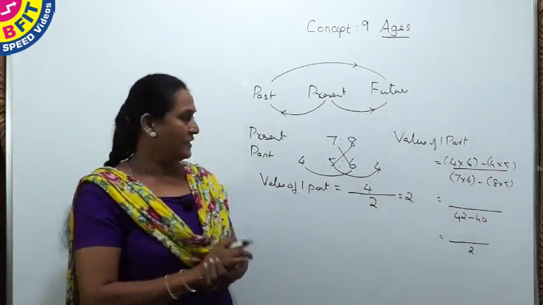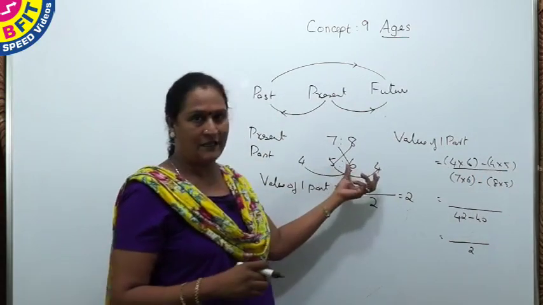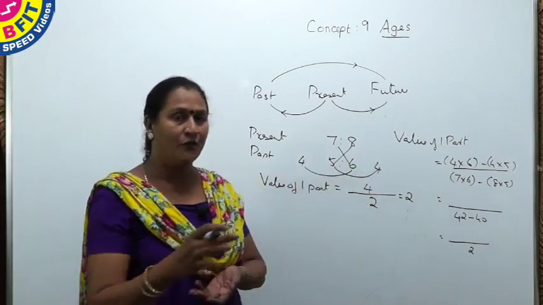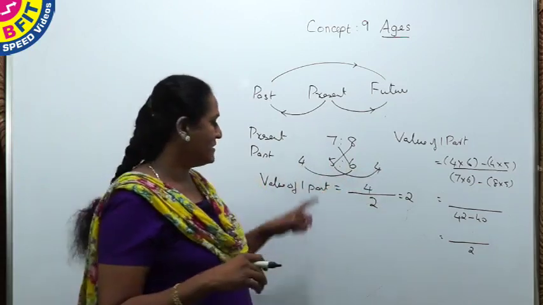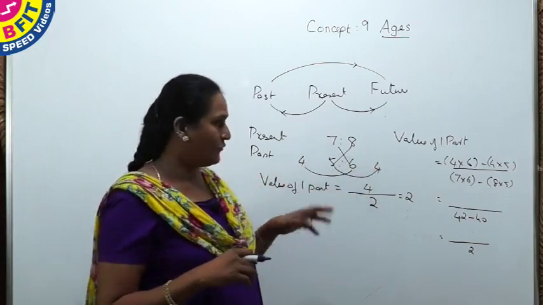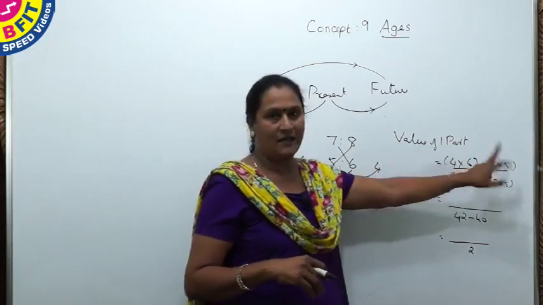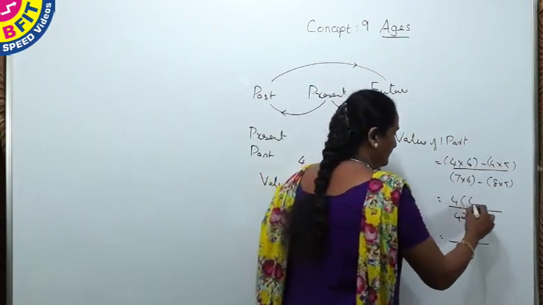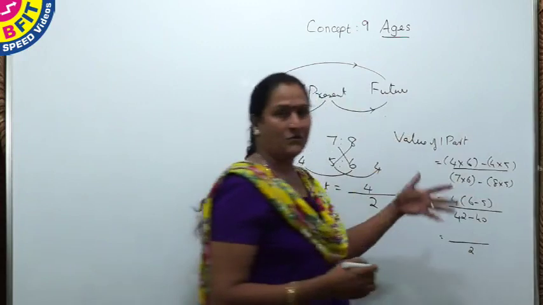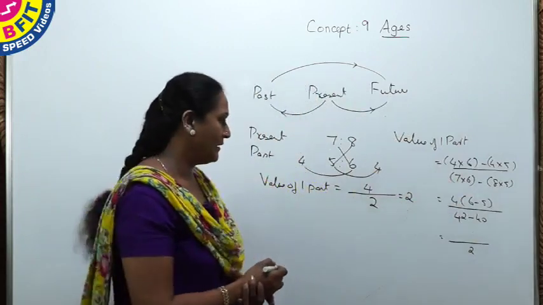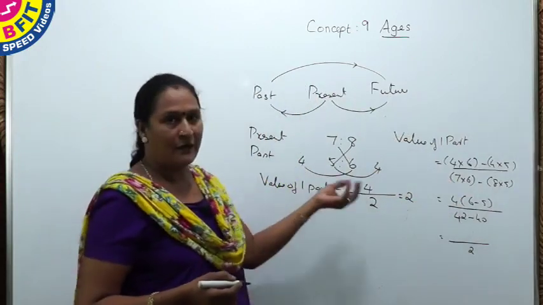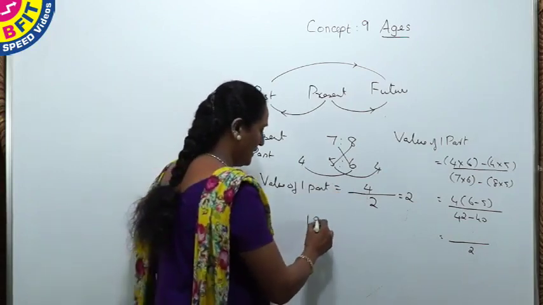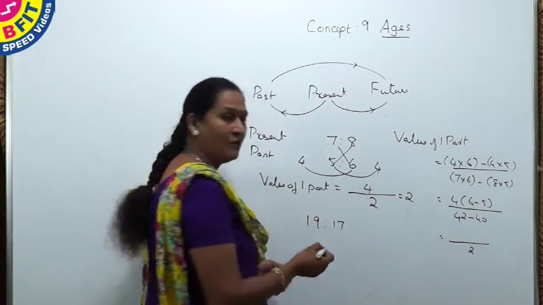When you are working this ages question, we will write the ages on either side, cross multiply and subtract. When they say before 4 years or after 5 years, this value will be the same. So for that, instead of multiplying and subtracting, we can take this 4 common. So you subtract and multiply. Here 24 and 20 are simple numbers. Say, for example, you get the ratio 19 is to 17 before 3 years.